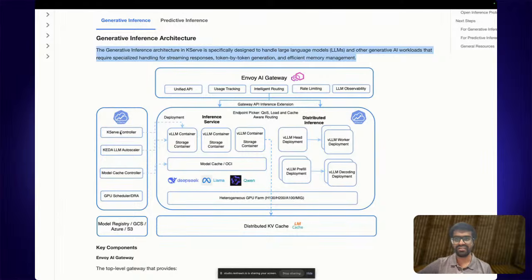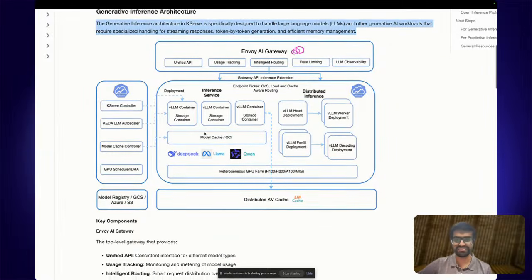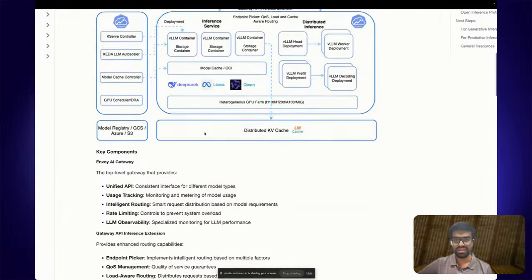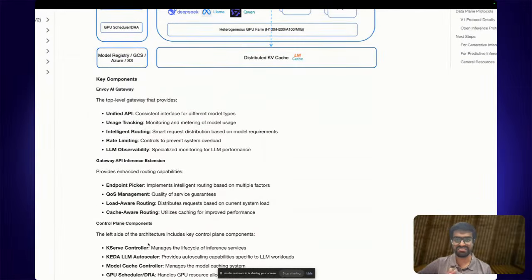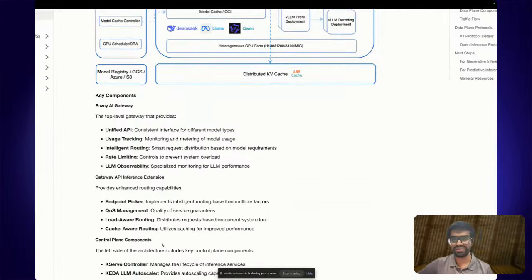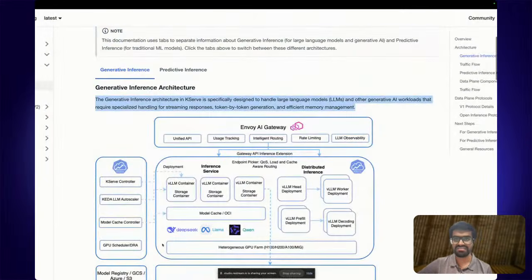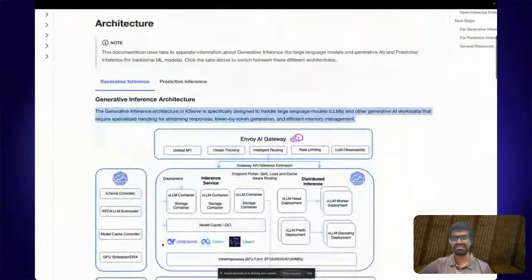And here we have our KServe controller, where we have the inference service, and the inference service will have a vLLM container. That's because we have support for different types of backends for your LLM. We can see how the KServe controller will manage the lifecycle of the inference services. That's an interesting thing to see as our data plane.